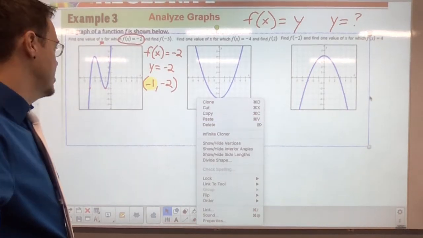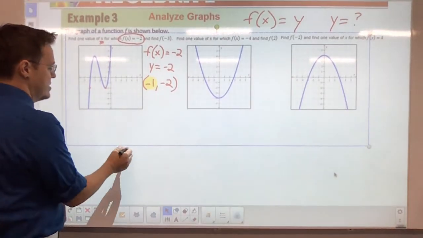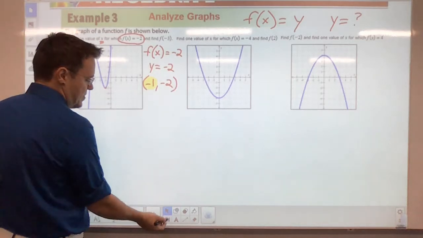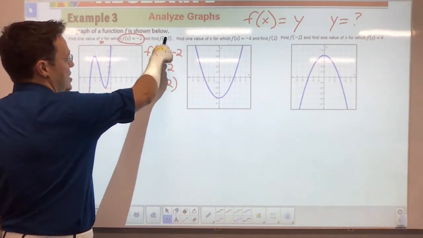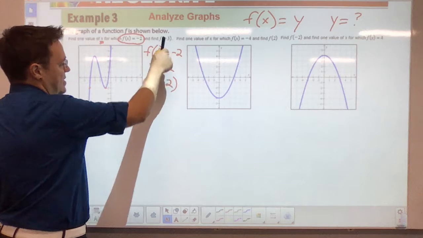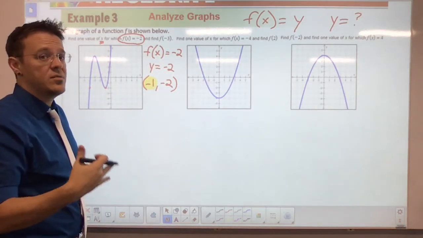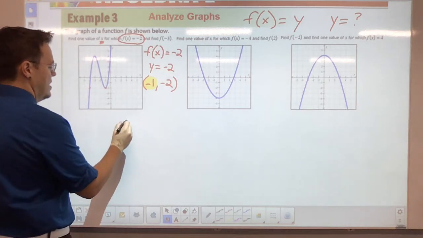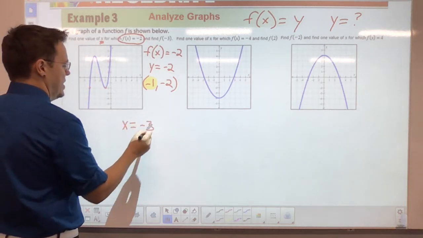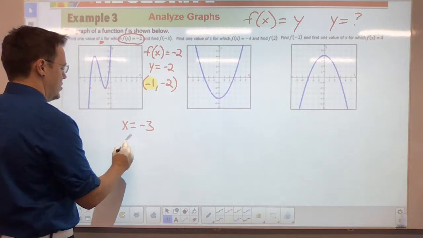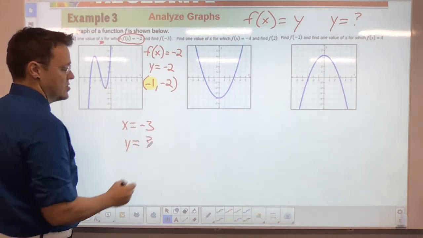One of the big things as you're going through is making sure we understand this simple setup, this concept. All right, the next thing is find when f is -3. And remember what's supposed to be there. It's an x, right? So what you're trying to do now is tell me when x equals -3. Do we know what the y value is? The answer is no, we don't.